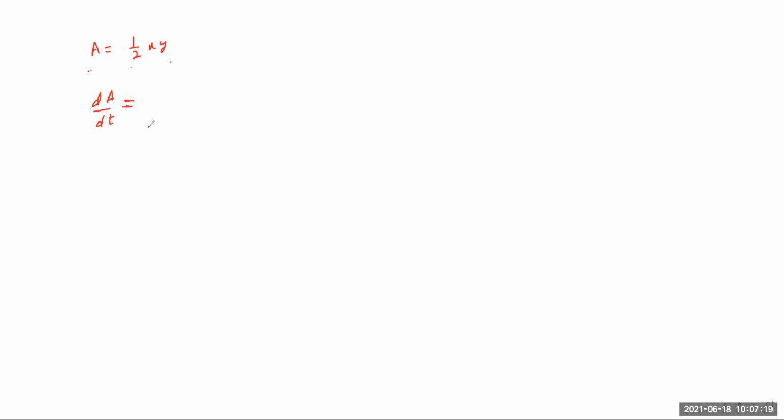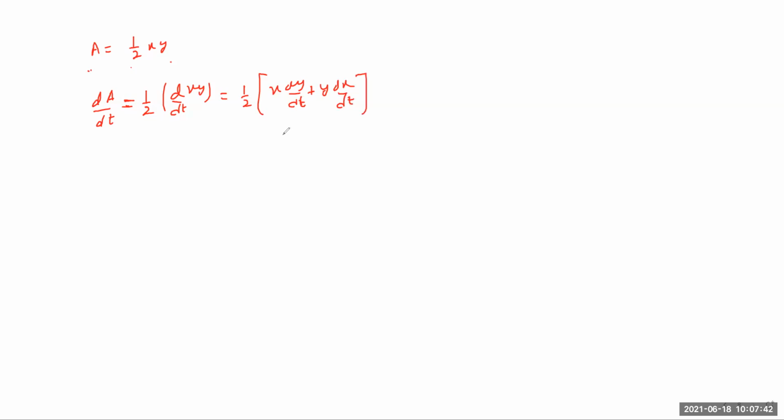You just differentiate this. Come on, guys. So d by dt of half xy, which you can write as half x dy by dt plus y dx by dt.